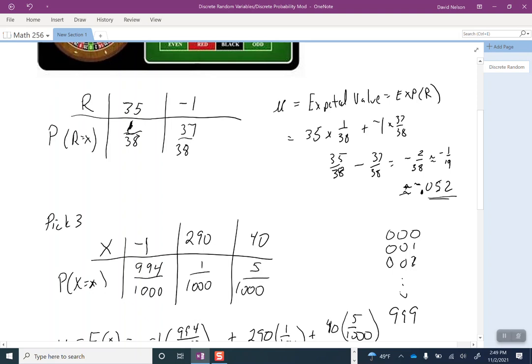If you play 1,000 times, 1,000 divided by 38, you'd expect to win about 26 times, roughly speaking, in those 1,000 plays, whereas you'd only expect to win once with the pick 3. But with the pick 3, you win a whole lot more money than you do when you win roulette.